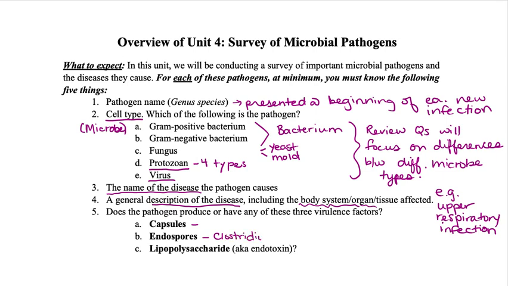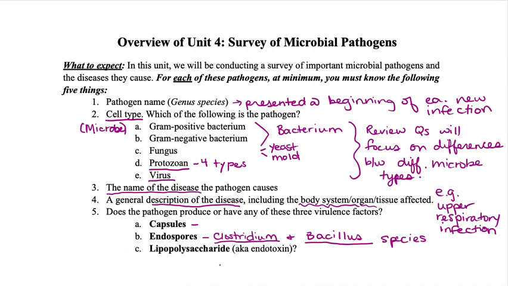Whether or not it says it in the lecture slides is irrelevant. You should know from Unit 1 that Clostridium and Bacillus species are two examples or two genera that do form endospores. So if a pathogen on your list is Clostridium or Bacillus, it will form endospores.